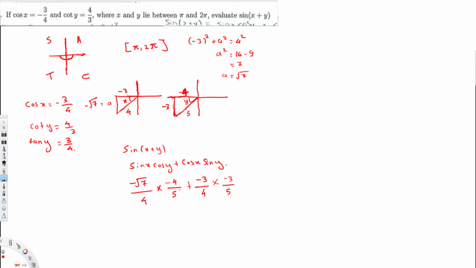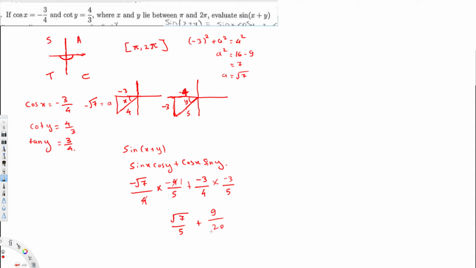Then if I calculate this value, this 4 cancels and this will become minus 1. Then minus 1 times minus 7 is going to be plus 7. Therefore, this is plus root 7 over 5, plus, then if I multiply this one together, it will become 9 over 20.